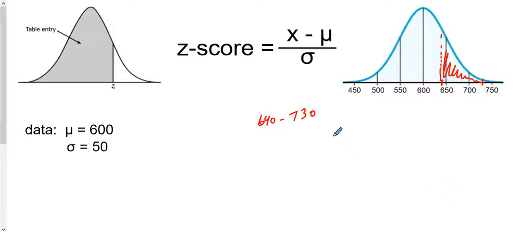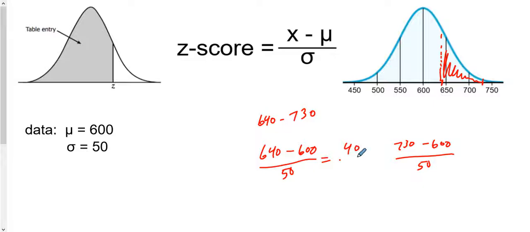What we have to do is this z-score calculation two times, once for each of these values. The first one would look like this: 640 minus 600 over 50. And the second one would be 730 minus 600 over 50. We're going to get these two values.